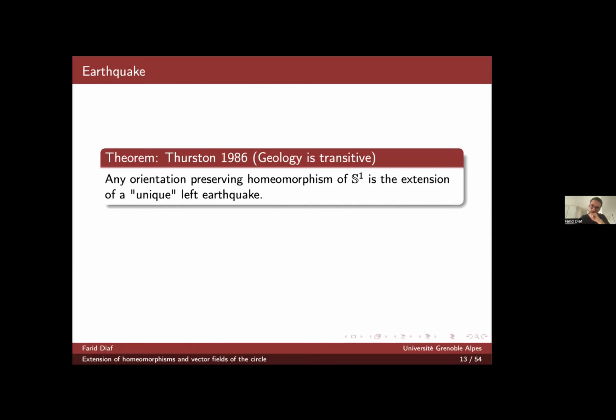Okay, so what is the theorem of Thurston? He states that any orientation preserving homeomorphism of S1 is the extension of a unique left earthquake of the hyperbolic plane. So this is the answer to the first question. I mean, this provides a class of maps which extends any orientation preserving homeomorphism. He called it in his paper geology is transitive. So geology, I guess you guess why we call this geology.